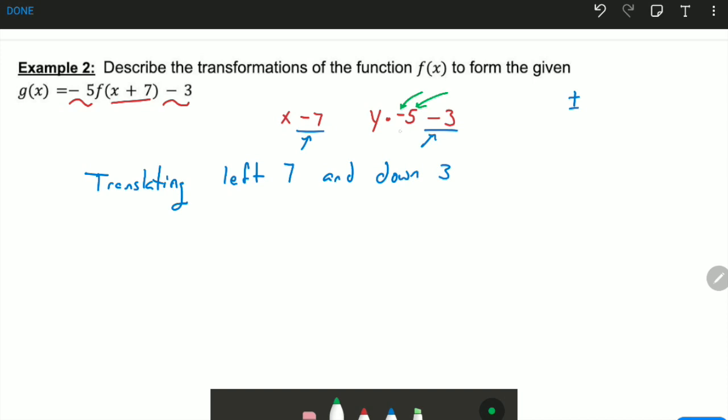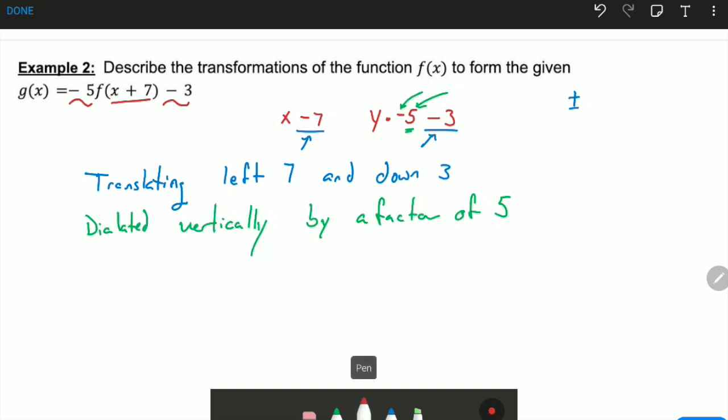So any number that's not 1 creates a dilation. So we're dilated vertically, since it's affecting the y values, by a factor of 5.